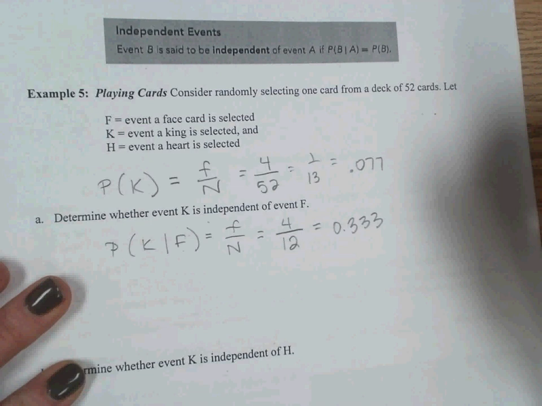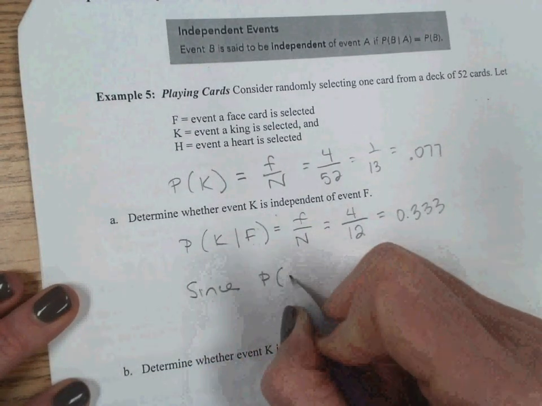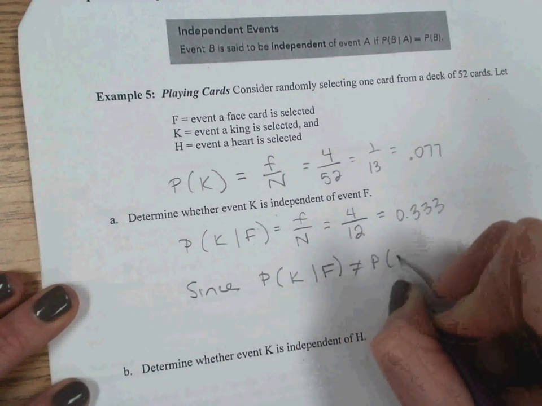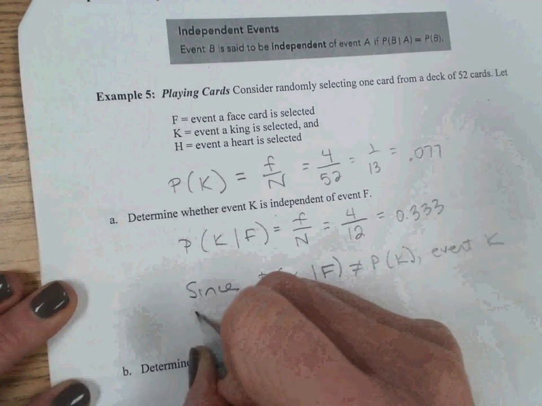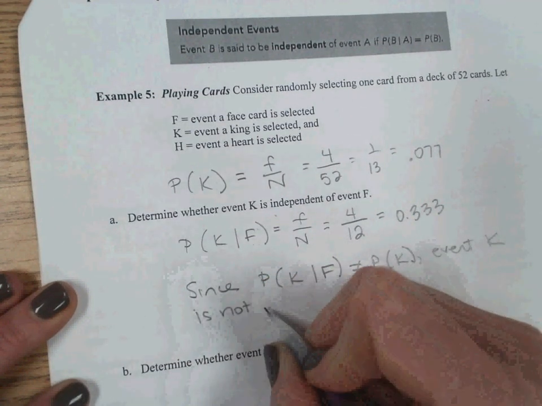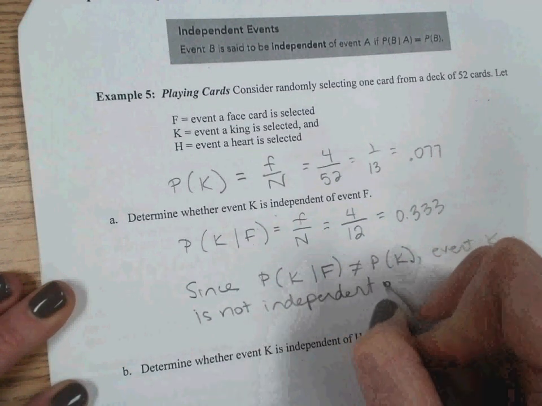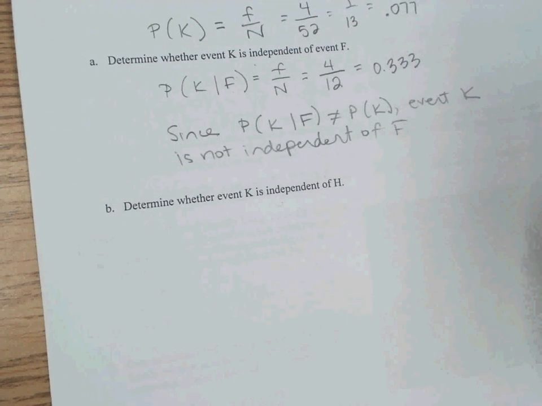So that's going to be 0.333, and since the probability of K given F does not equal the probability of K, event K cannot be considered independent of F.